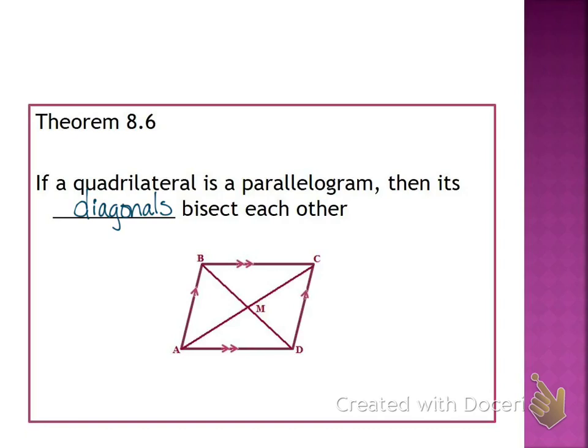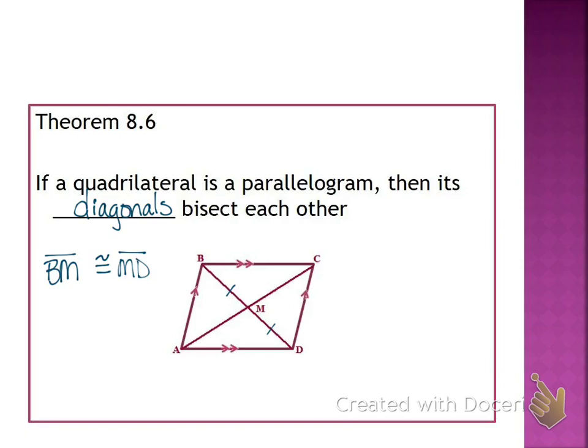So this doesn't mean that the diagonals themselves are related to each other. However, it does mean that BM would be congruent to what? MD. Okay, so this diagonal is split into two congruent pieces.